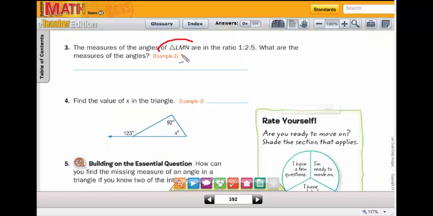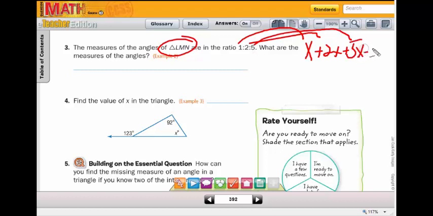Measures of angles L, M, N are in the ratio of 1 to 2 to 5. Again, we can take a look at this and say that x, that's 1x plus 2x plus 5x equals 180 degrees. So we have 1x plus 2x is 3x plus 5x is 8x equals 180 degrees.